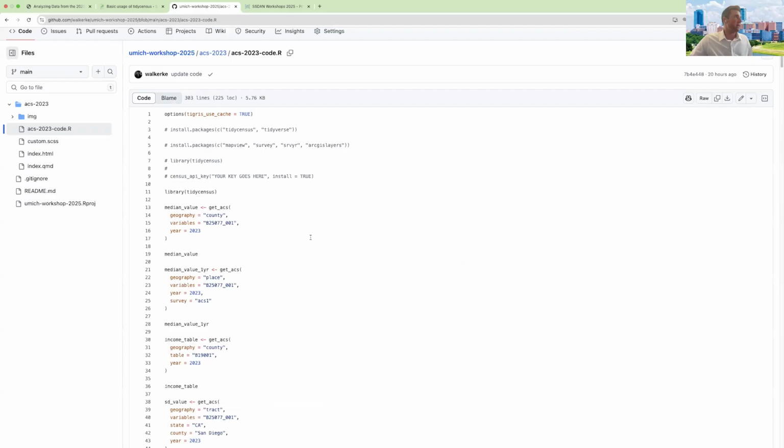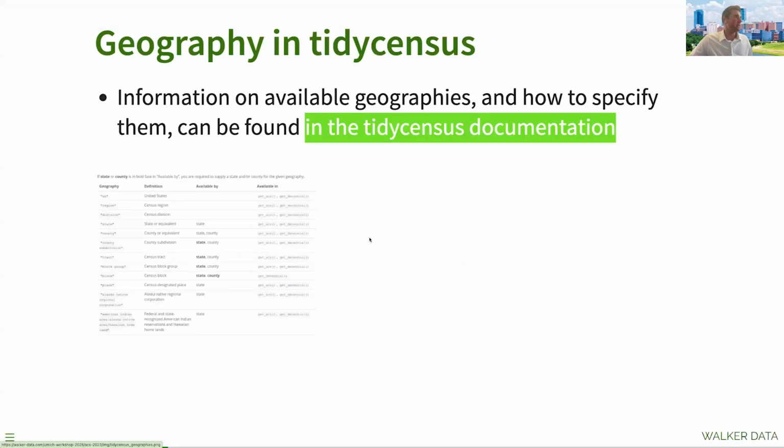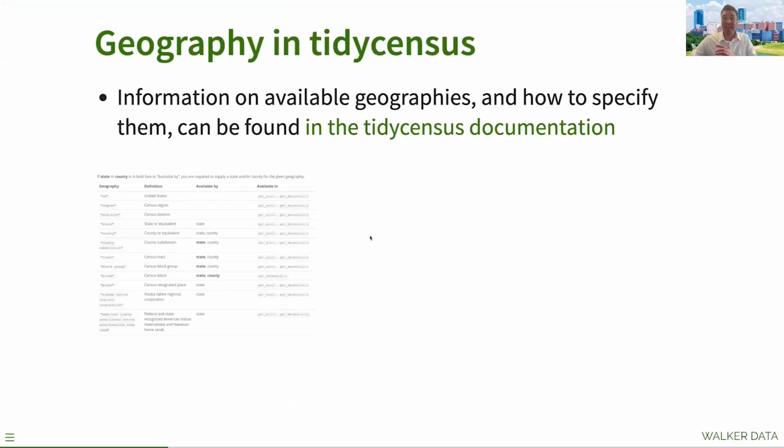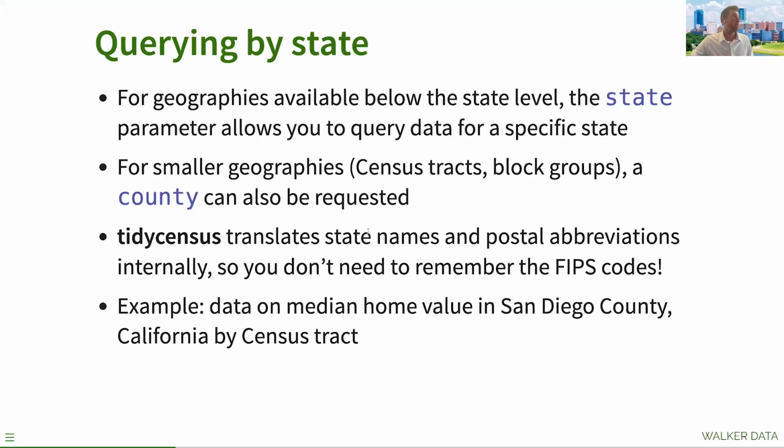And so jumping back here now to the slides, that's how you get that geography identifier. You can use that to query information by state, query information by county. And a great thing about that is you don't need to know the FIPS codes. I can never even remember the FIPS codes except for the places that I've lived, and sometimes I don't even remember that.